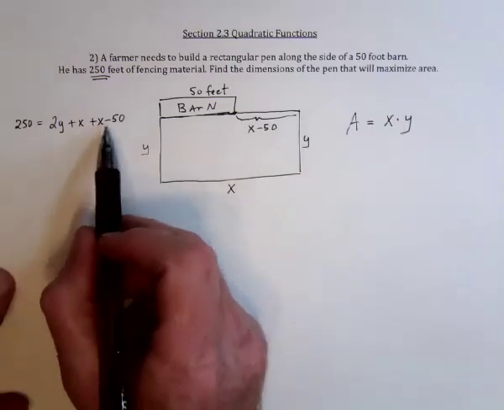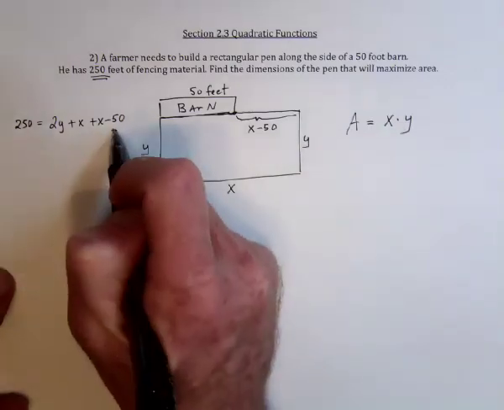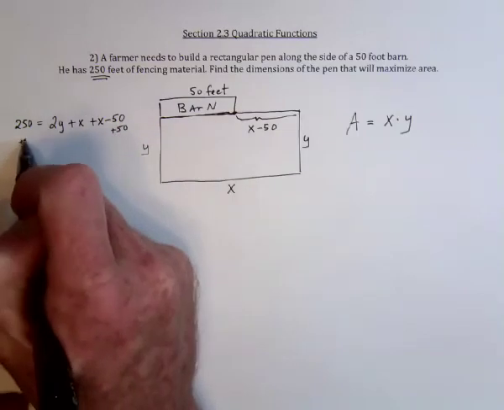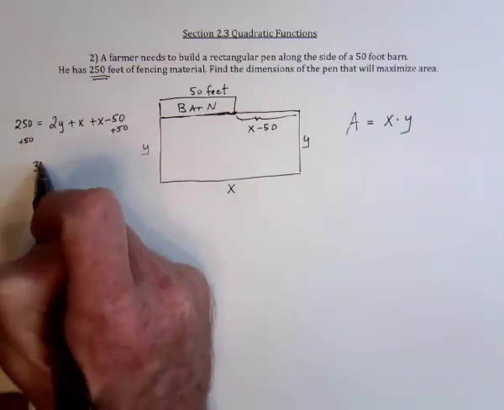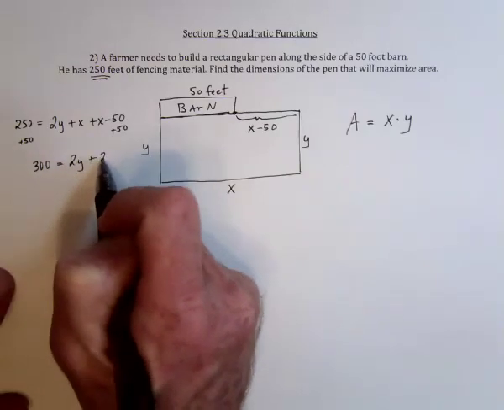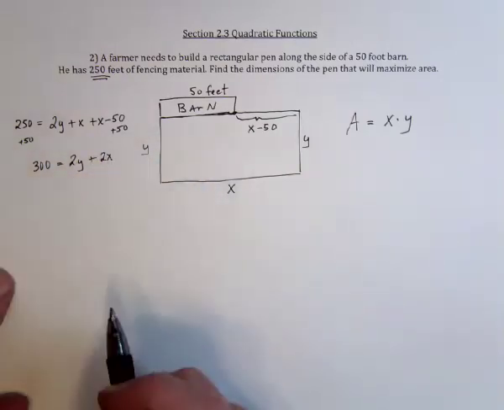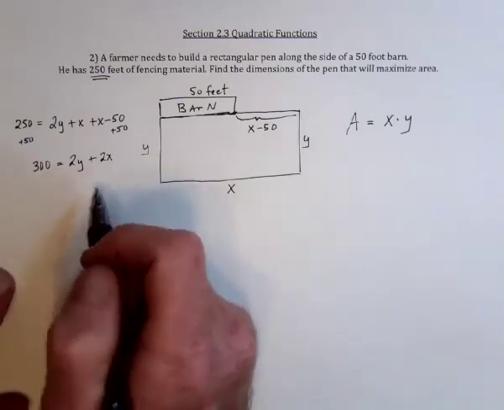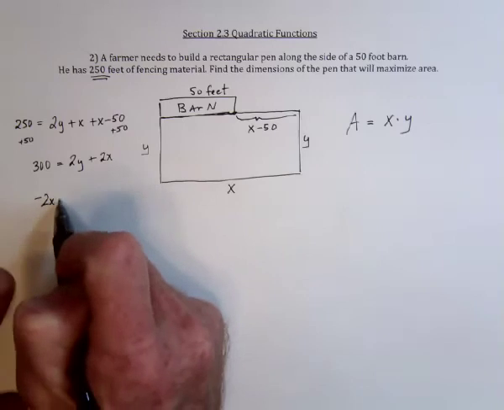So we've got this 50, we could add 50 to both sides. So there's 300 equals 2y plus 2x. And solving for y is going to be two more steps. Subtract the 2x from both sides.